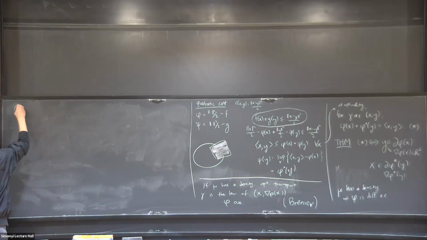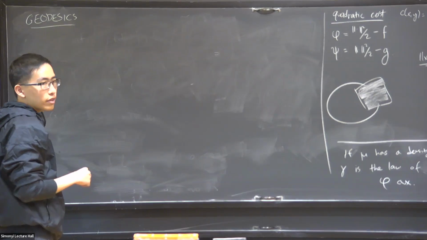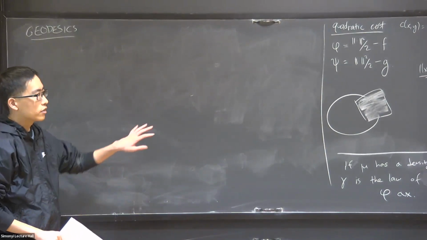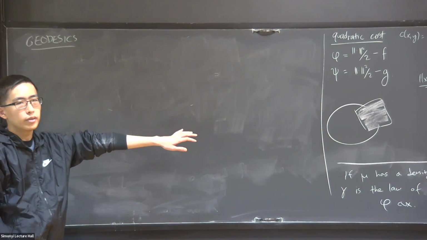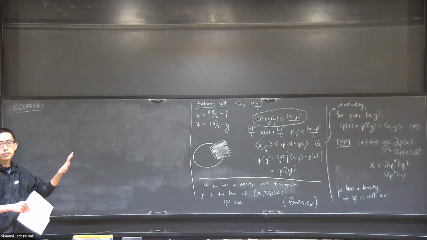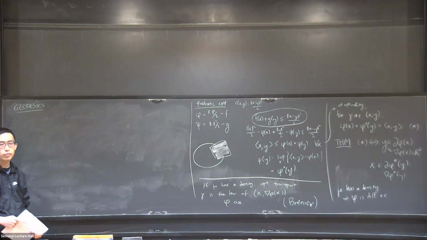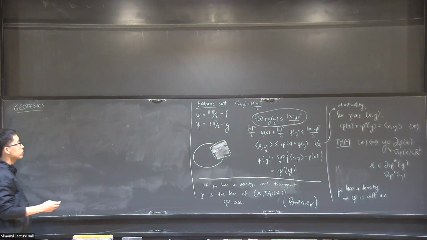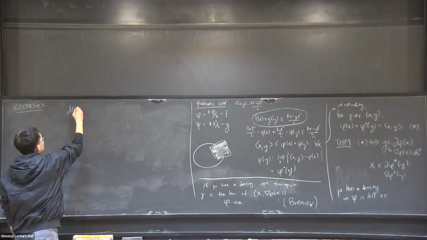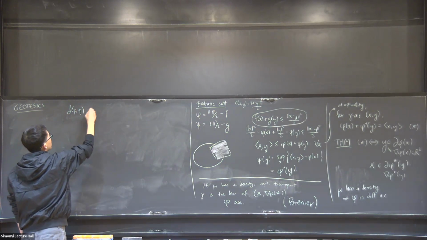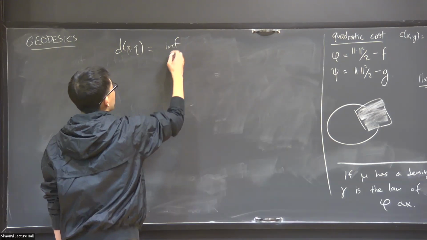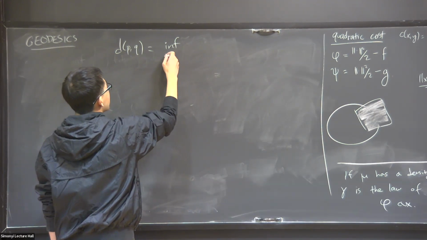So let's see how the geodesics work and also the distance. Generally speaking, in Riemannian geometry, you start off with what's called the Riemannian metric, which is an inner product on every single tangent space. Given this Riemannian metric, you can define the distance between two points.